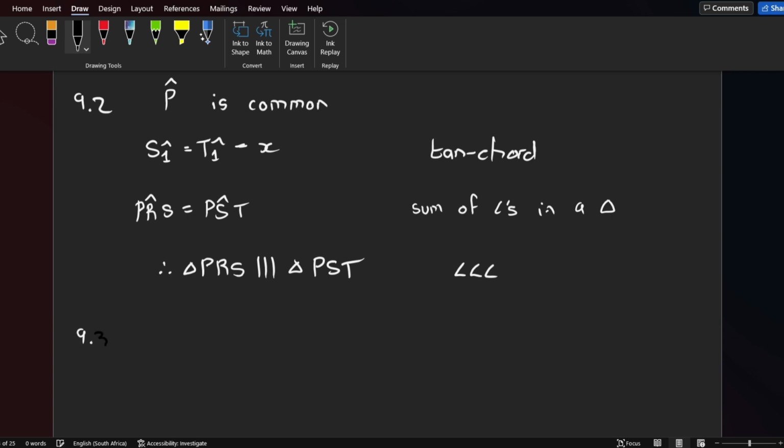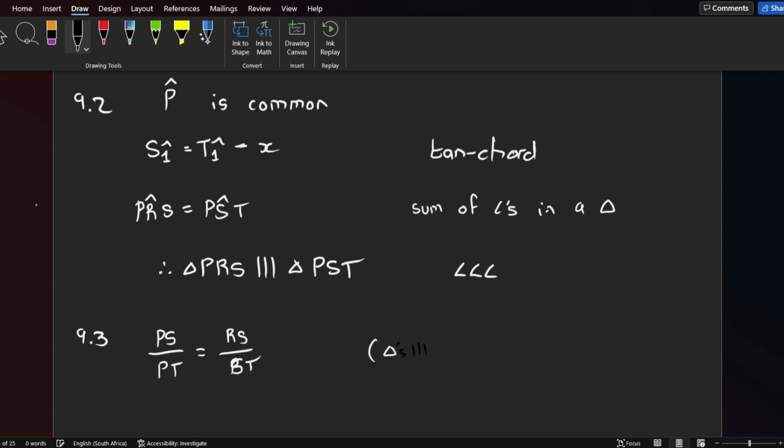So question 9.3: because the triangles are similar and the corresponding sides are in proportion, we can say that PS over PT is equal to RS over ST, and our reason there is similar triangles.